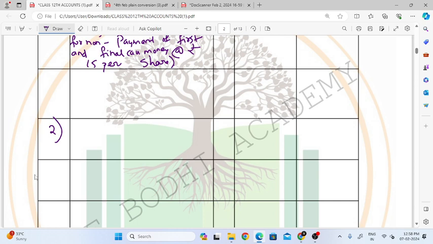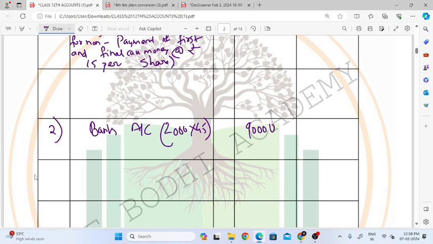Now they are reissuing it at 45. So it means they have given a discount. So since they are reissuing at rupees 45, you have to multiply that by 2000 shares. So 2000 multiplied by 45 will give you 90,000.